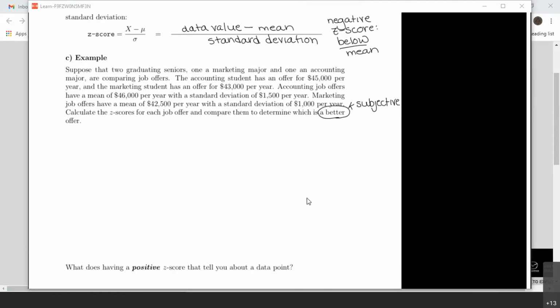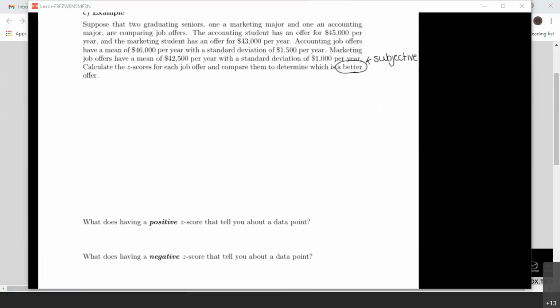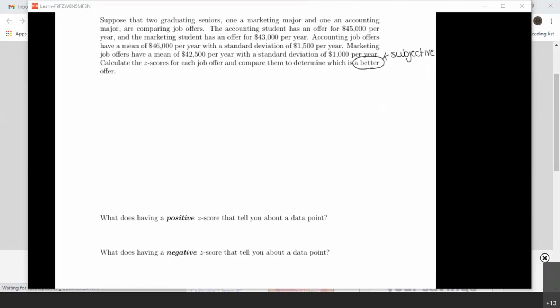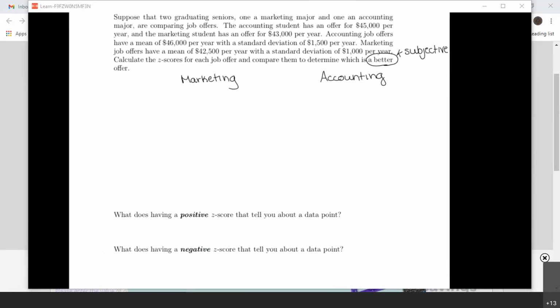That tells you right off the bat that, depending on the population, it looks like the marketing student is doing better. But let's quantify this in terms of actual numbers. We'll compute the z-score for each student's salary offer. So here, z is x minus mu over sigma, the same thing for both.